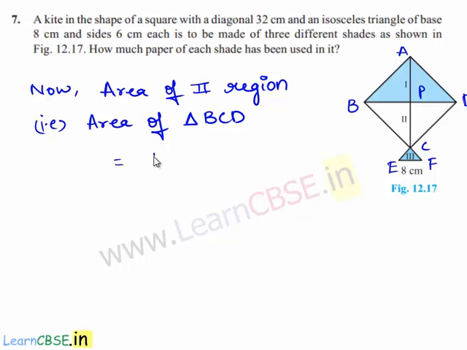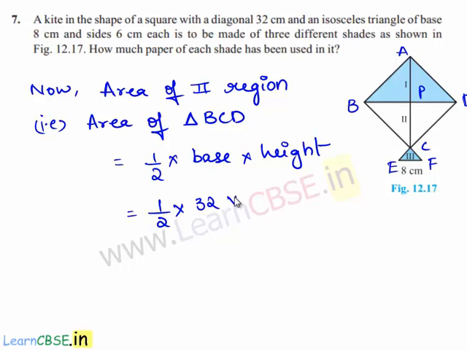Therefore, its area can be obtained from the formula half into base into height, which is equal to half into base of triangle BCD is nothing but the diagonal BD, which is 32 centimeters as given in the question, and height of the triangle BCD is PC, which is half of the diagonal AC, that is half into 32. So 2 goes in 32 16 times. Therefore, the area of the triangle BCD is 256 centimeters square.